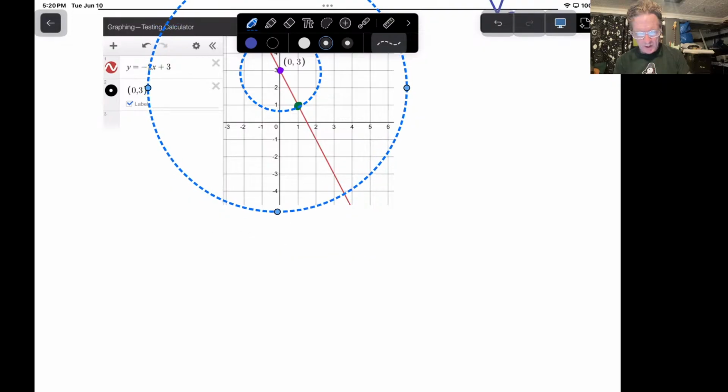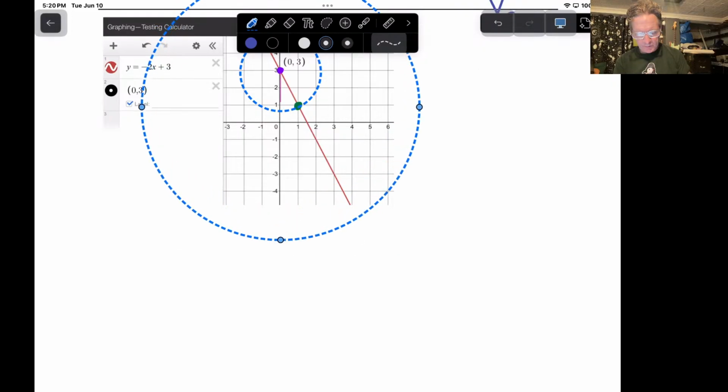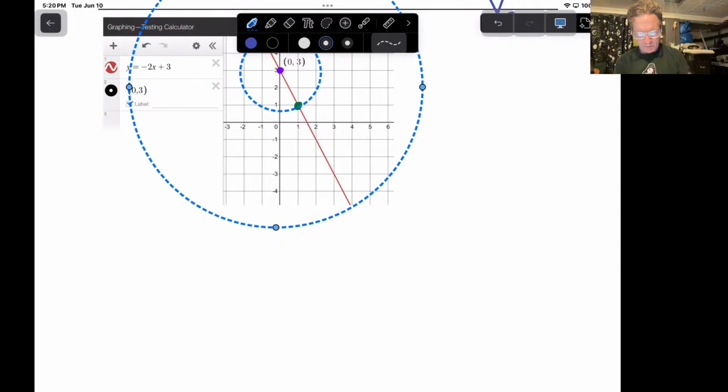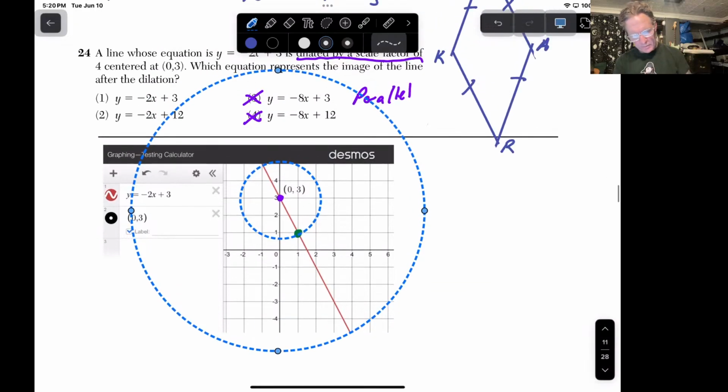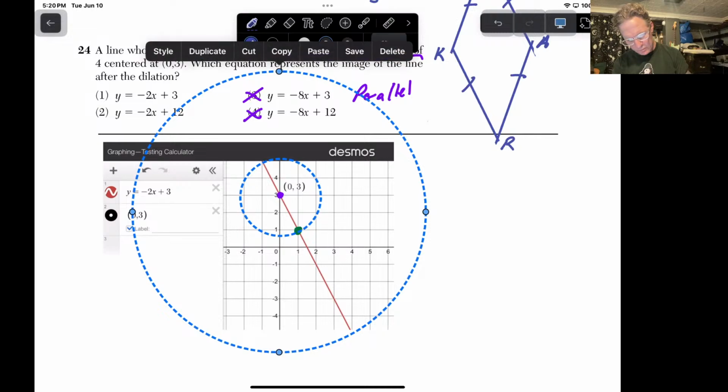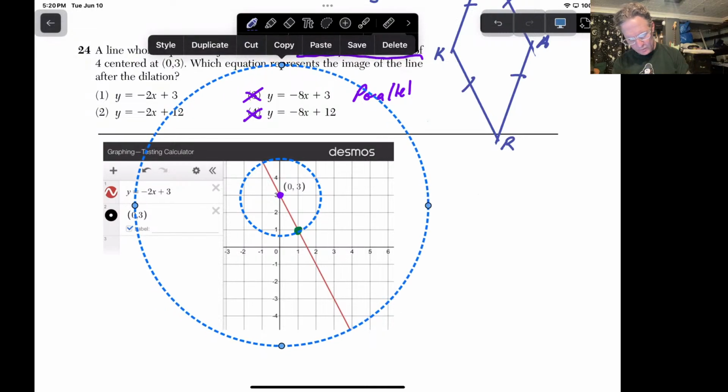So the point's going to actually end up down here somewhere.